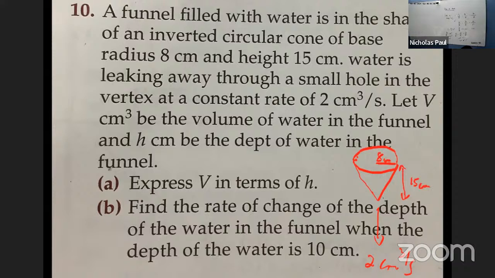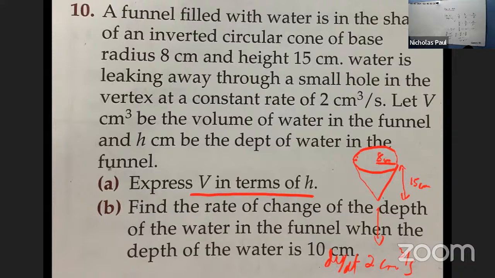It was filled with water, and water is leaking out. So that 2 centimeters cubed per second is what? dV over dt. So we have that, but we need to get V in terms of H.